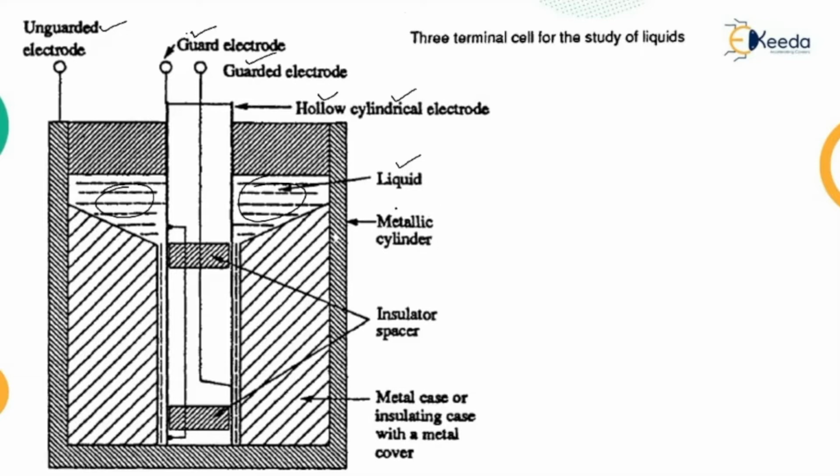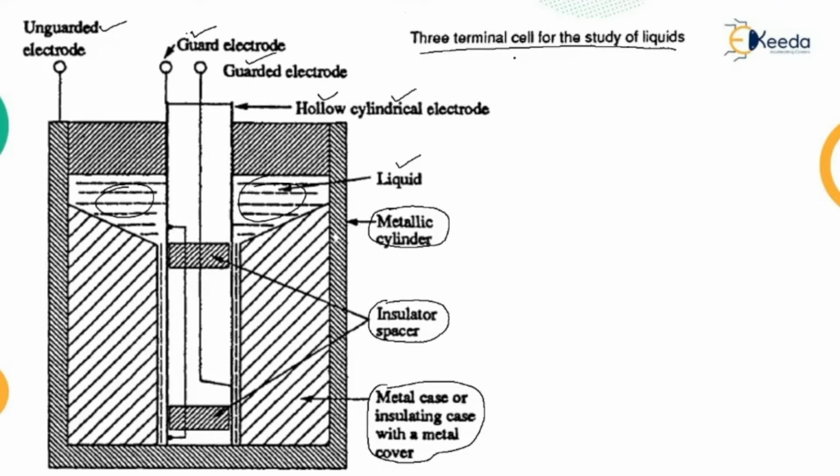Then we have a metallic cylinder which is placed. Then there is an insulator spacer. Then there is a metal case or insulating case with a metal cover. This is another kind of three-terminal cell for the study of liquids.